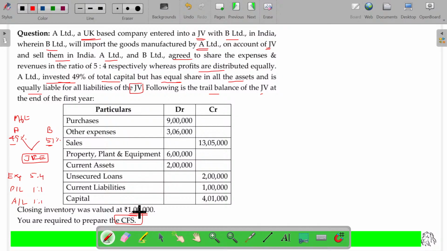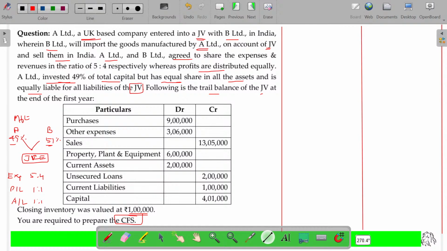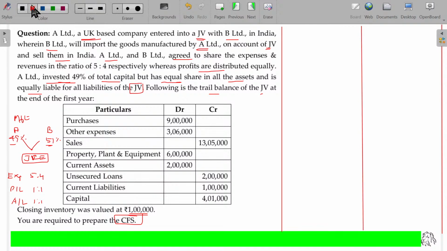So you know the trading and P&L account and balance sheet, right? Very simple. So, consolidated statement of profit and loss, and consolidated balance sheet.